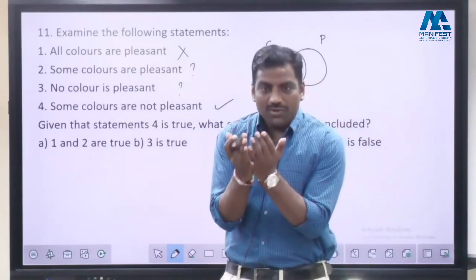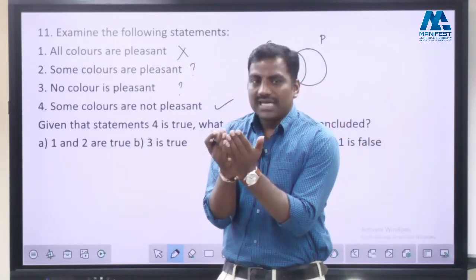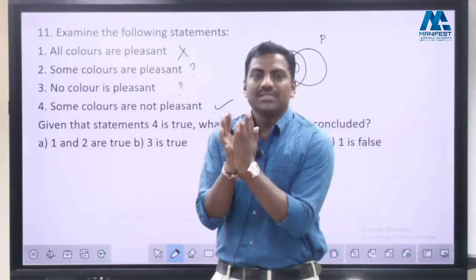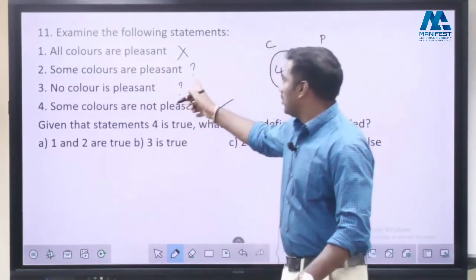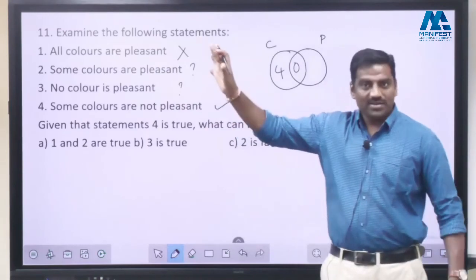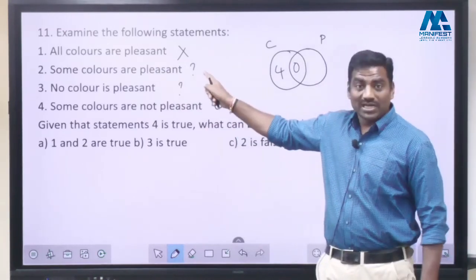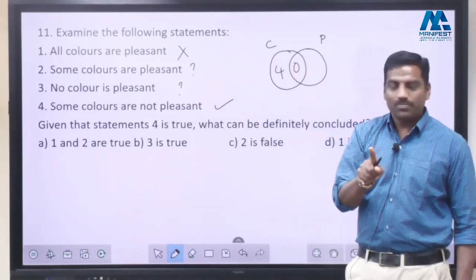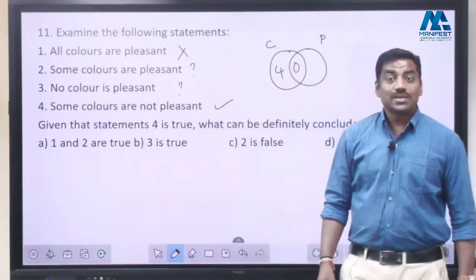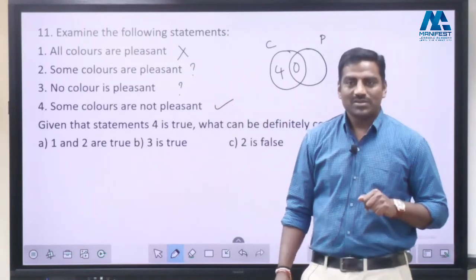I have taken a few and saying these are not pleasant or some are not pleasant. I have not checked the others. I cannot conclude this wholesale. There is a chance that I will conclude, but I have not tested the others. Getting my point? Then, no color is pleasant. That also I can't say.